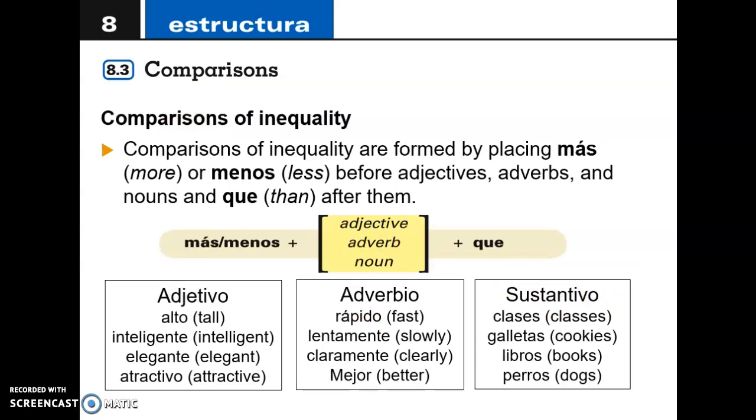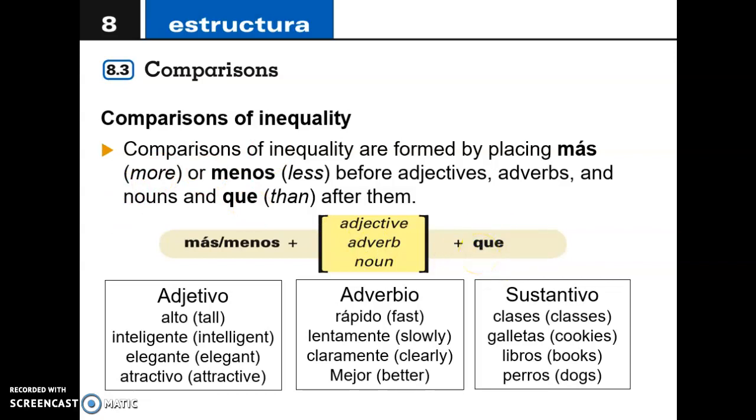So we are going to use the inequality comparisons first. And in this case, we are going to use the word más, which means more, or the word menos, which means less. And these are going to go before adjectives, adverbs, and nouns, okay? After that, we are also going to need the word que.